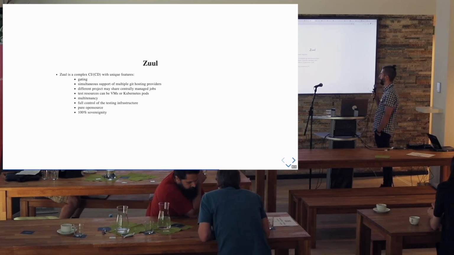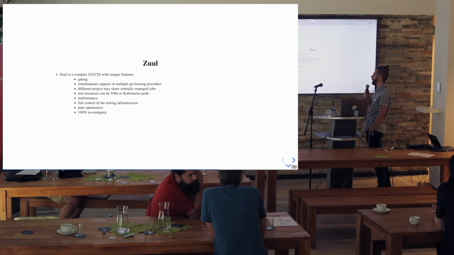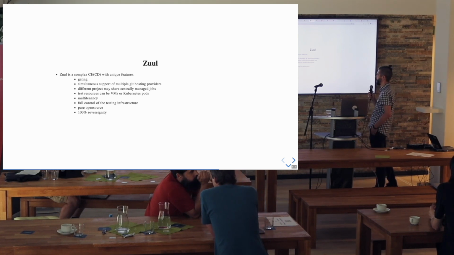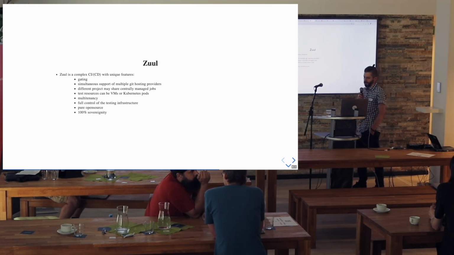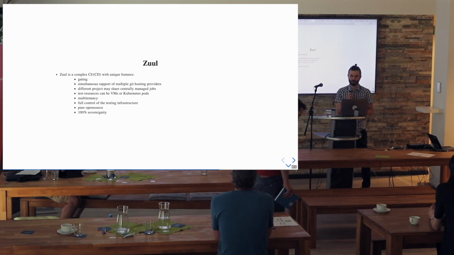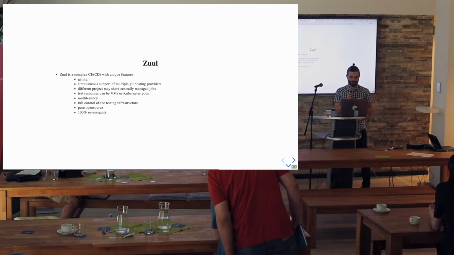So we are using Zuul. Why are we using Zuul? Well, because it has some unique features that we are relying on. It allows you to place your code pretty much on any Git hoster, and you can even combine all of them simultaneously, and you just define how your CI/CD system works in a central place. Test resources can be VMs, or you can also use Kubernetes pods for testing of your resources, projects, whatsoever.